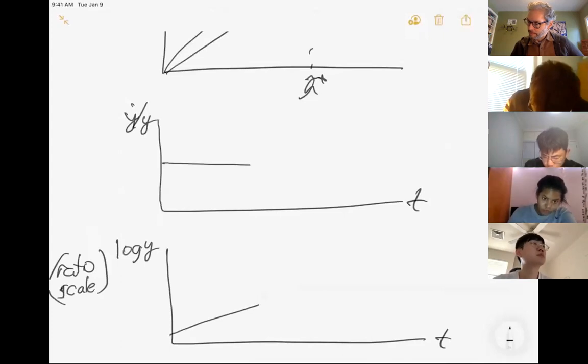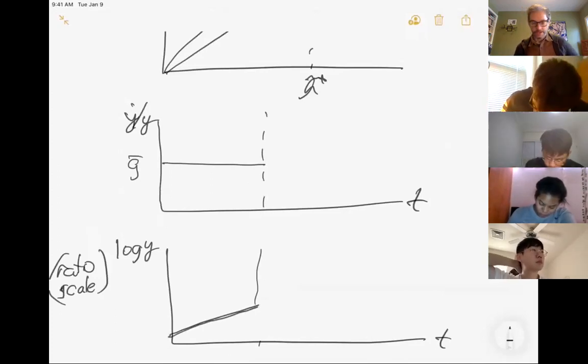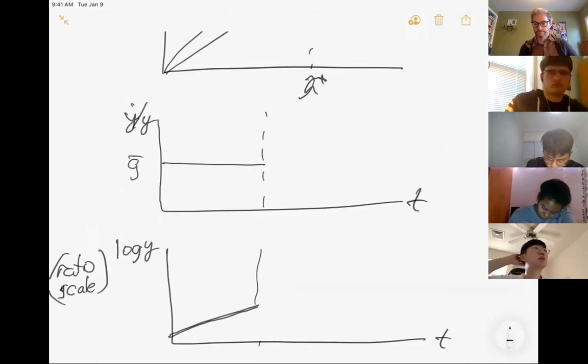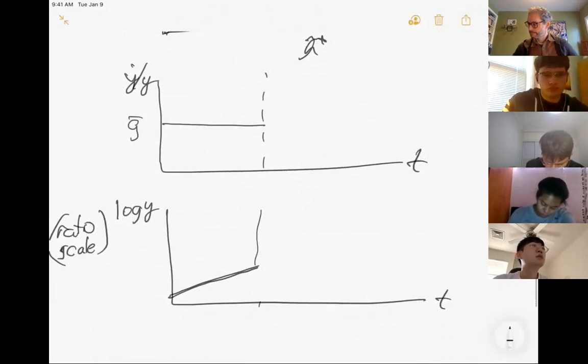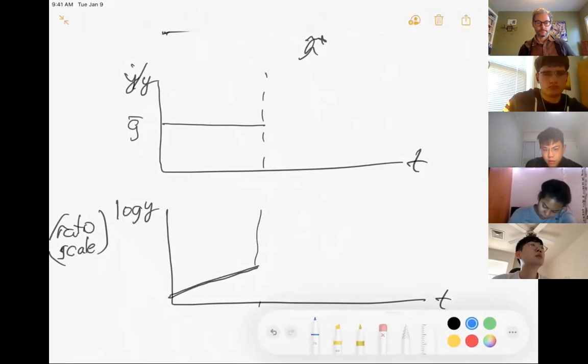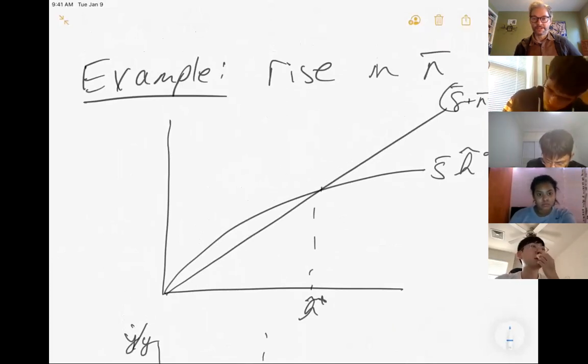So what happens before we have this change? Output is growing at G. And in logarithmic form, the log of Y is just going up in a straight line. Okay, now, what happens when we have an increase in N?